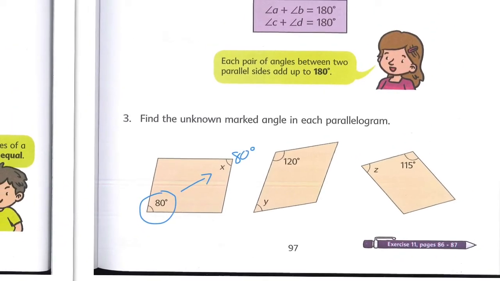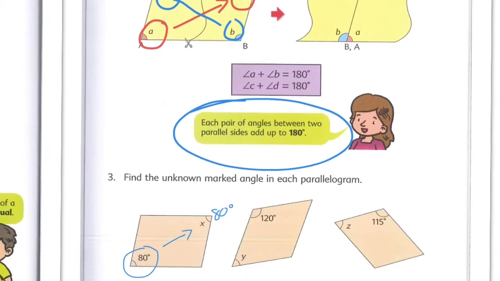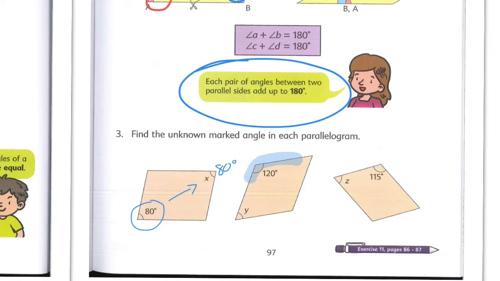Now, if we're talking about this rule here, each pair of angles between the parallel sides adds up to 180, or as I like to call it, the rule of C, right?